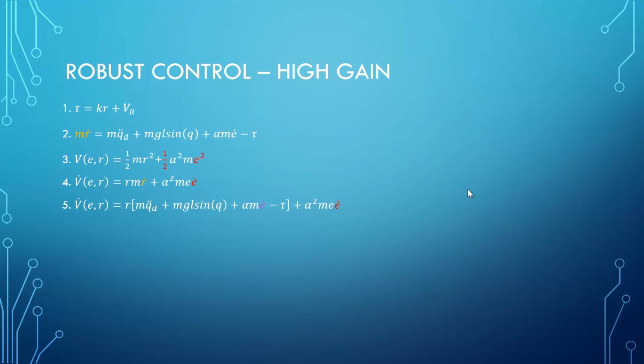So now it has become clear how we will design this tau, this torque. The next step, by experience, is we expand this signal out, which is using this relation.